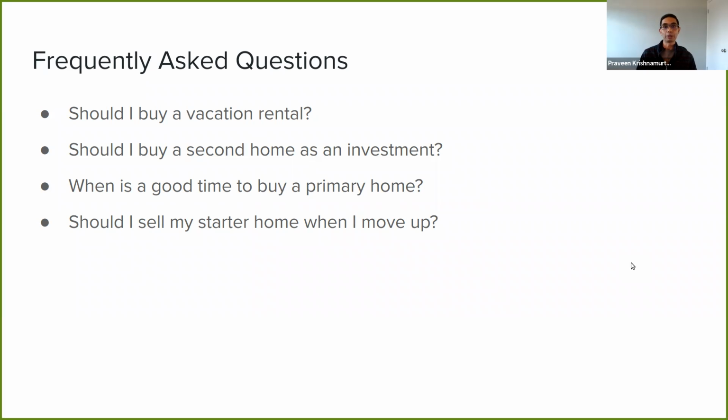One of the things I tell people is that it's a good way to actually become a landlord and experience what it means to collect rents, to answer a tenant who says something's broken and wants it fixed, and to file taxes as a landlord. So it gives you a good experience in real estate investing, since you've already made that entry into real estate ownership.